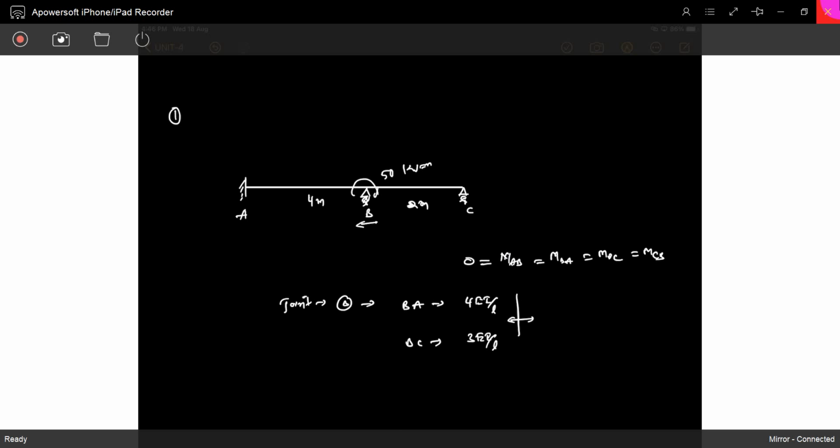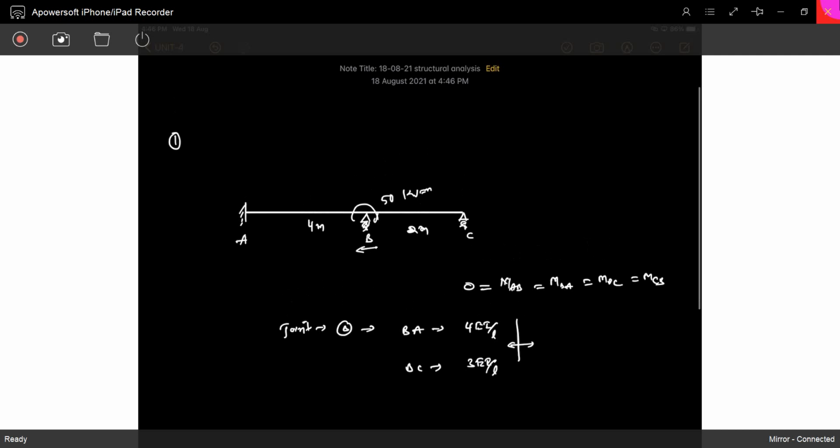We already discussed why. If it is a far end fixed, you have to maintain a rotation theta. 4EI by L multiplied with theta is equal to M. So ML by 4EI moment is required to get a theta of 1 unit.